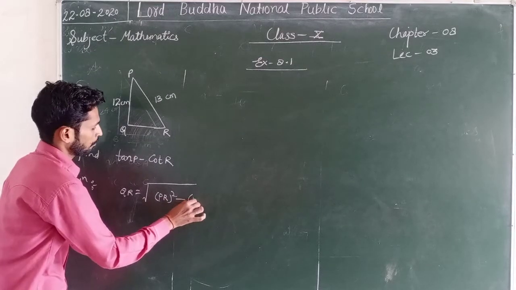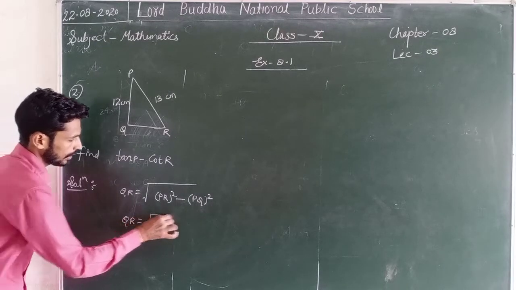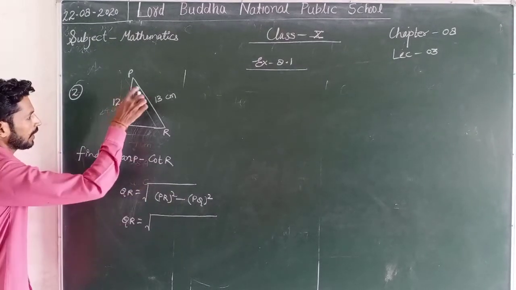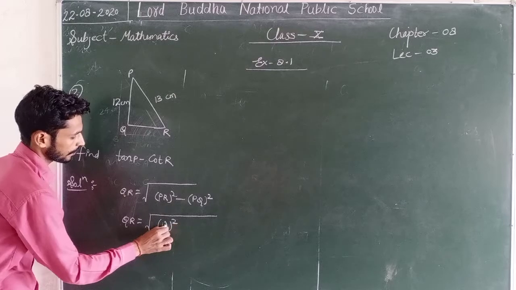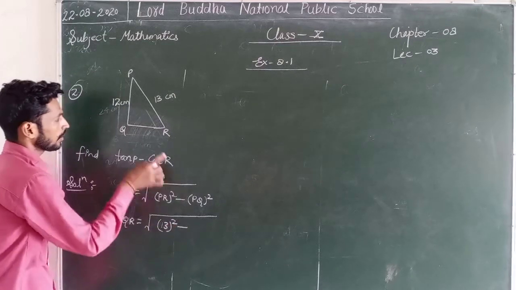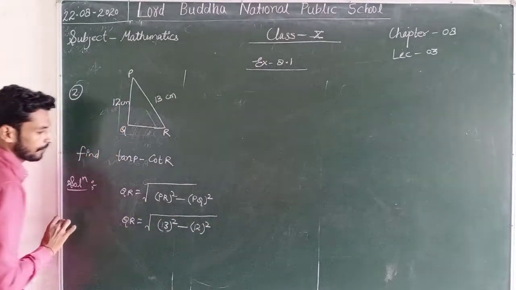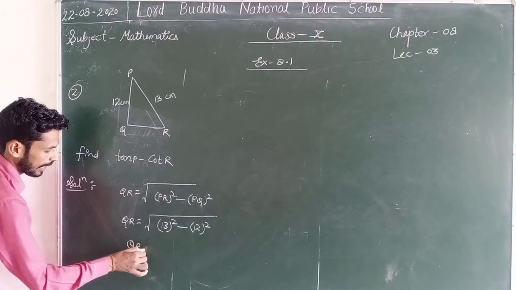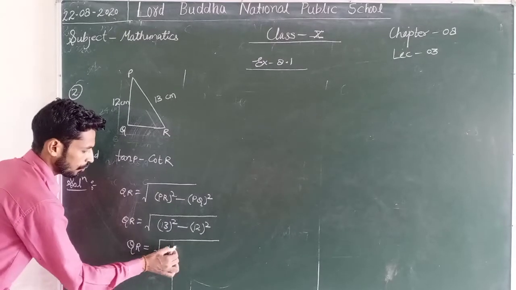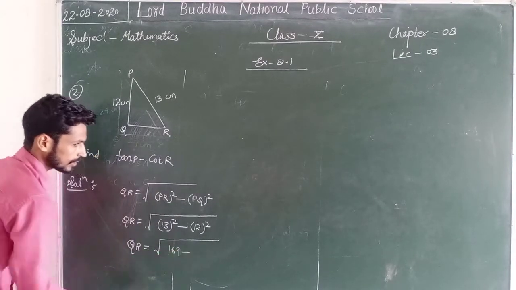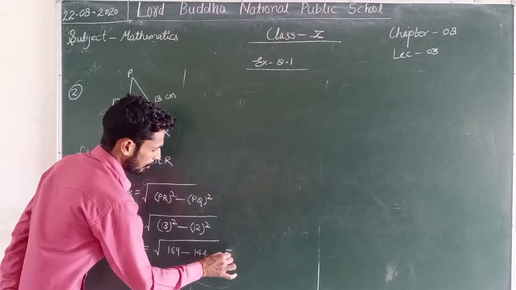So QR equals square root of 13 square minus 12 square, that is 169 minus 144.